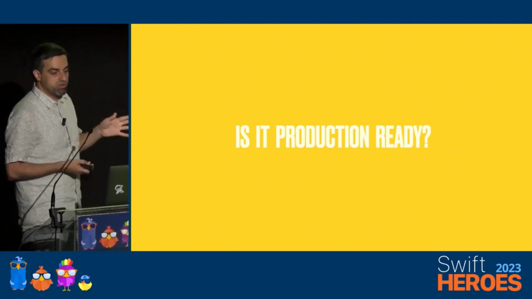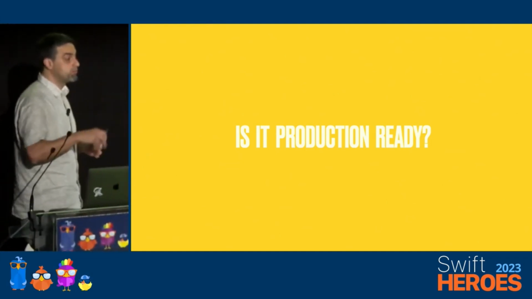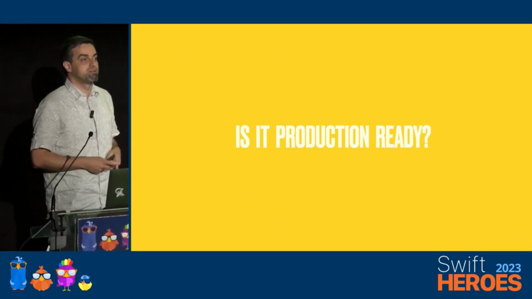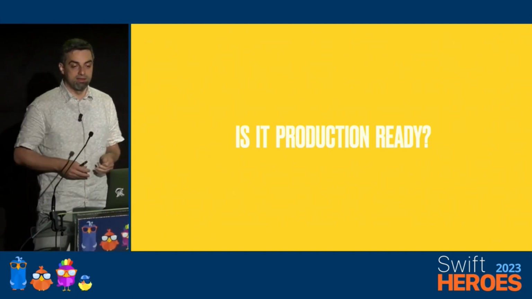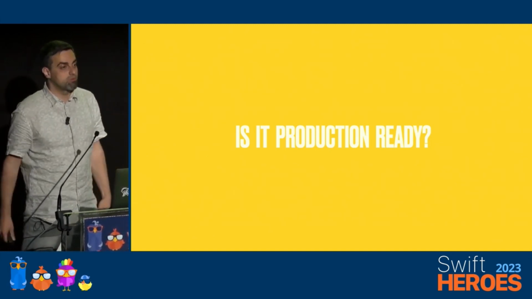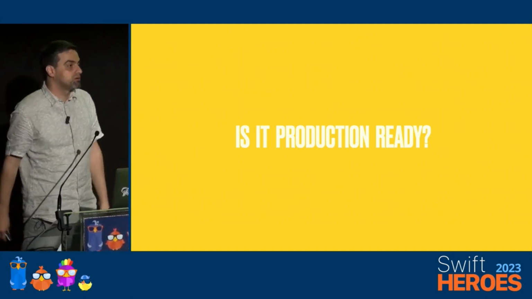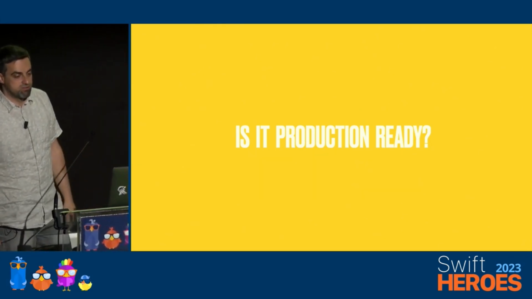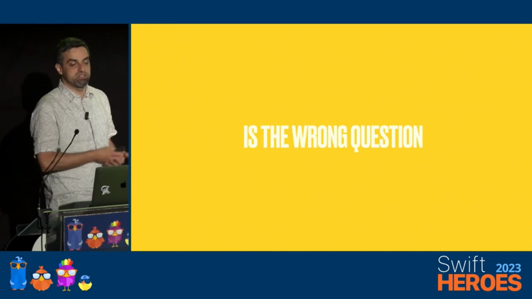SwiftUI has been around for 4 years, and new people have come to the platform, learned to build apps with SwiftUI, and are already shipping apps to the App Store and have never touched "left shift represents whatever." So this is the wrong question to ask.